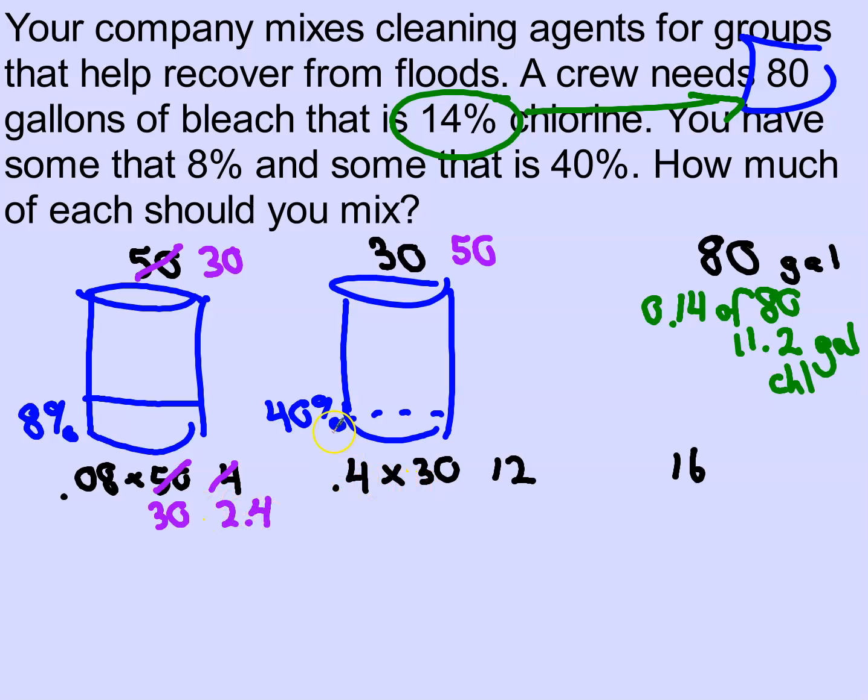And I'm still going to find 40% of, instead of 30, it's going to be 50, and that's going to be 20. Well, if I add 2.4 and 20, again, 2.4 is how much chlorine's in this one, and 20 is how much chlorine is in, wait a minute, that can't be 20.